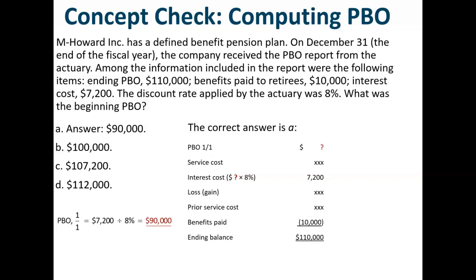But we do know the interest cost and the discount rate. Interest cost is always calculated as the beginning balance times the discount rate, so the beginning balance can be calculated as $7,200 interest cost divided by 8% discount rate. Thus, the beginning balance is $90,000 at January 1st.